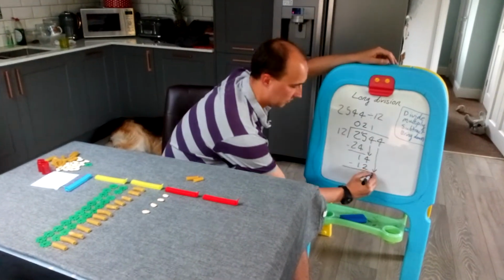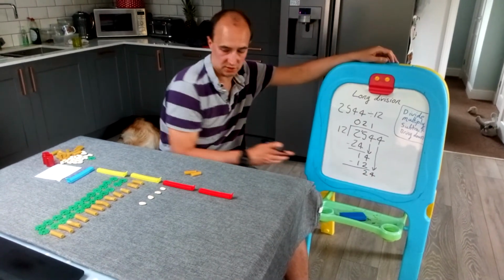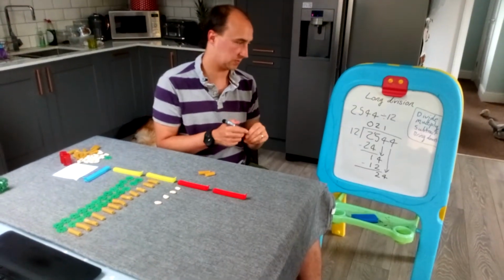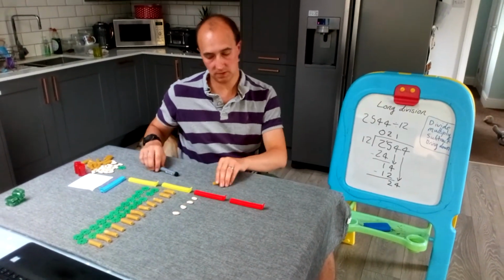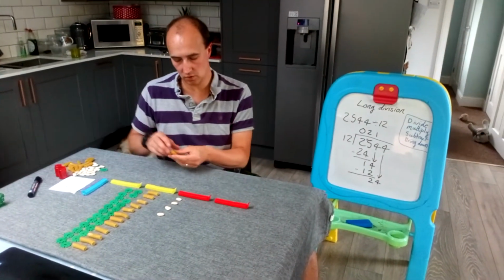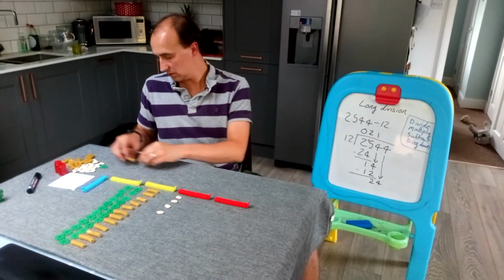So finally, I'm going to bring down that final 4. And at this stage, the children will straight away notice, using their multiplication knowledge, that there are 2 lots of 12 in 24. But let's just go through the process with our concrete apparatus to prove it. I'm going to exchange my 2 lots of 10 here.